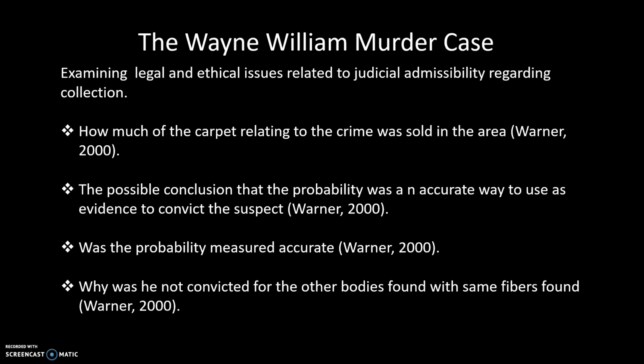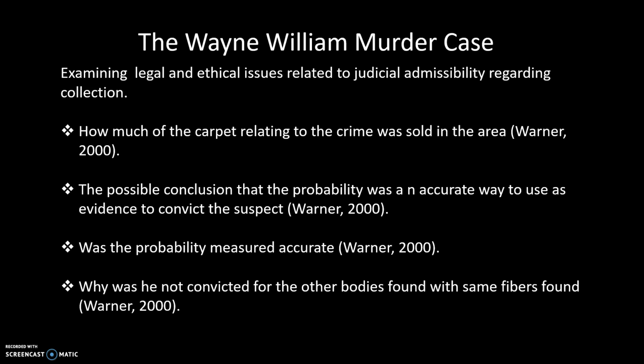When investigating, there were many homes that had that type of fiber, but the one thing that stood out was how much was sold, and the probability was measured as an accurate way to ensure that Wayne Williams's carpet was the carpet that was found on the victim.